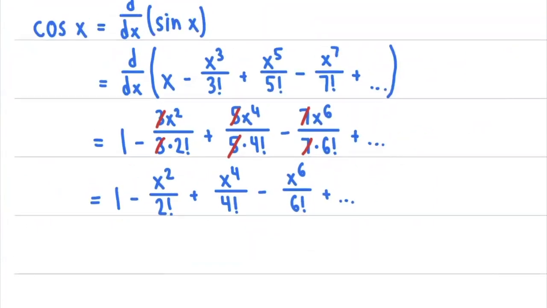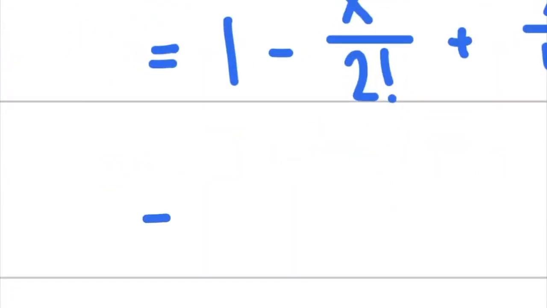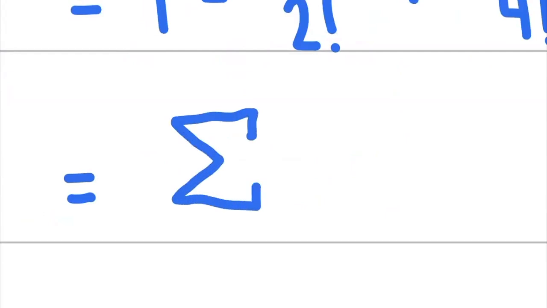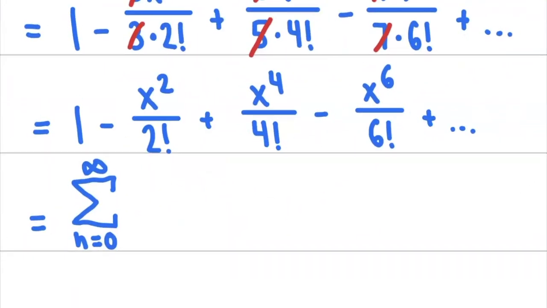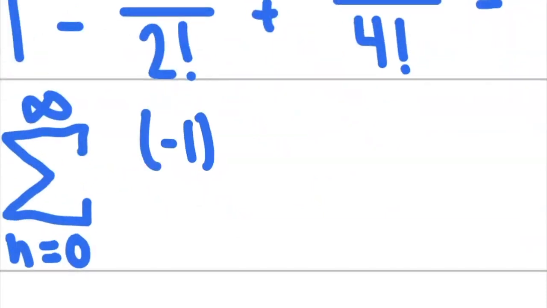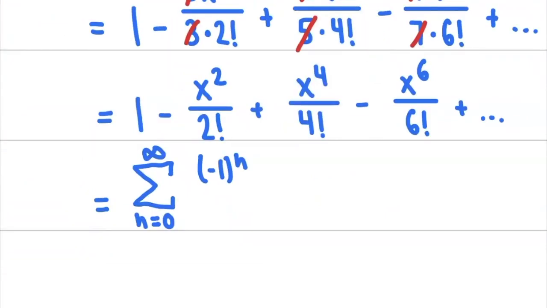So this equals the sum of something as n goes from 0 to infinity. The signs are alternating just like last time, so we need negative 1 to the power of n. In the denominator, I see 2, 4, 6, 8, and so on.